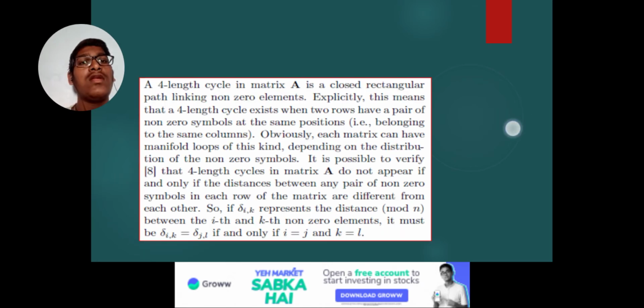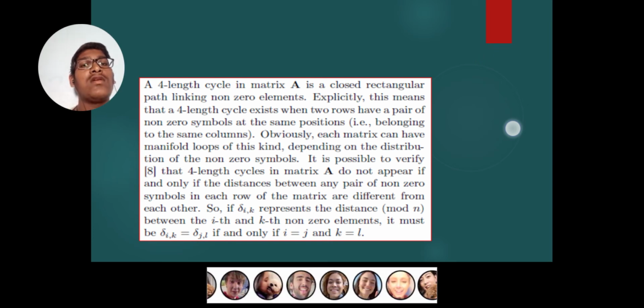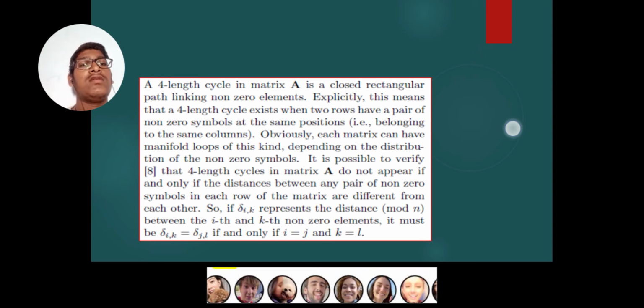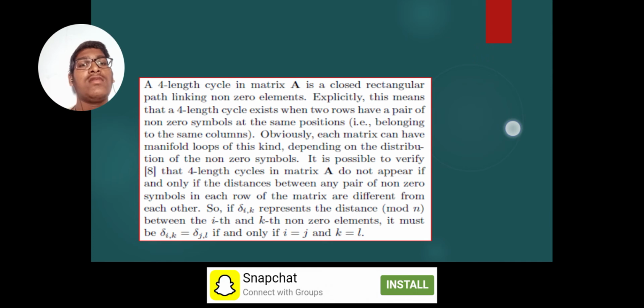A four-length cycle in matrix A is a closed rectangular path linking non-zero elements. Explicitly, this means that a four-length cycle exists when two rows have a pair of non-zero symbols at the same position, that is, belonging to the same columns.